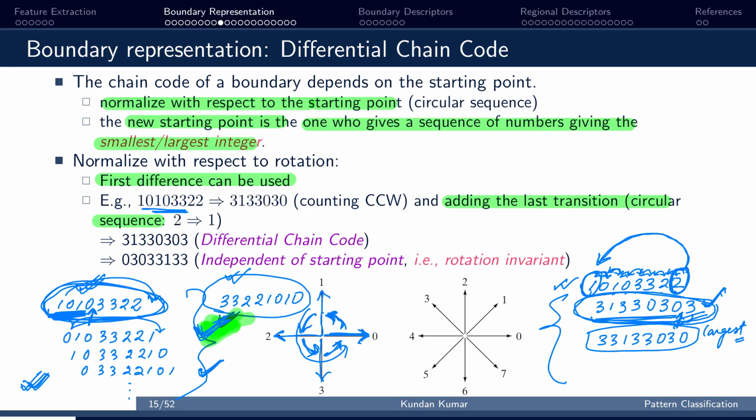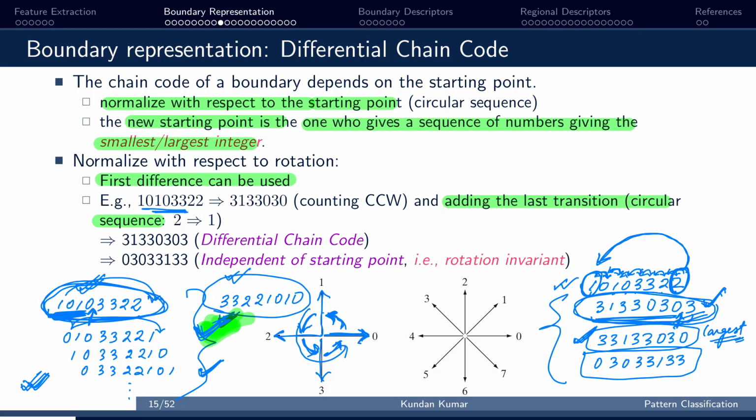Or we can write the smallest one, which will be 030333133. We can choose any one. If we consider the largest integer, then this will be our rotation invariant differential chain code.